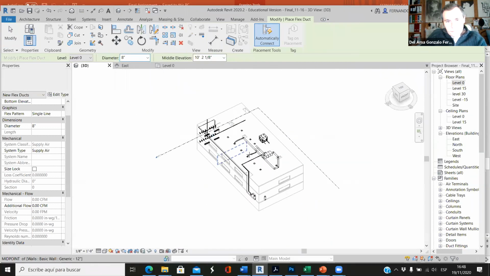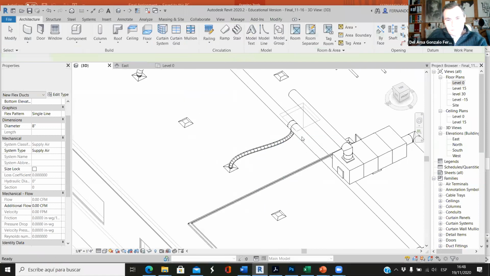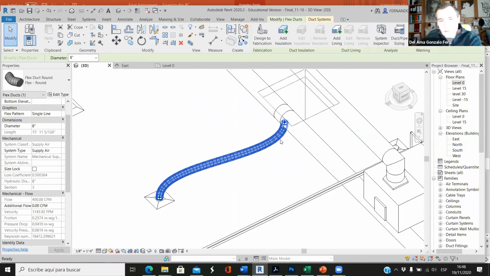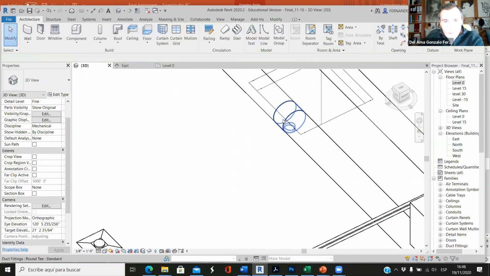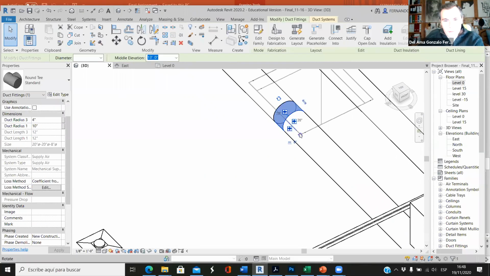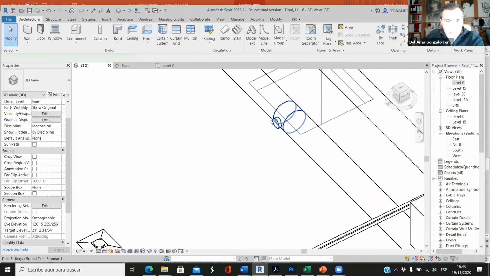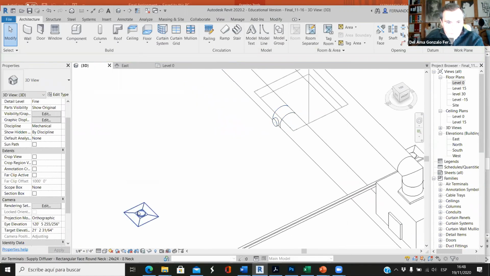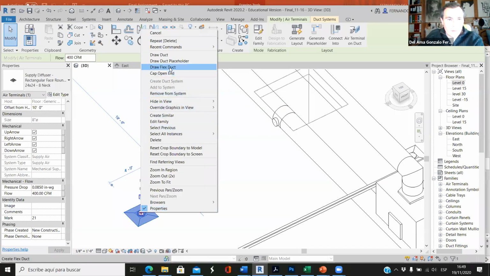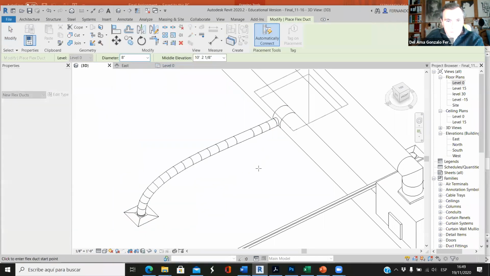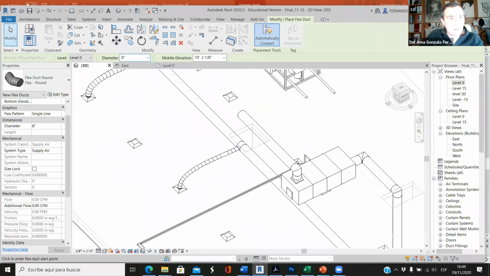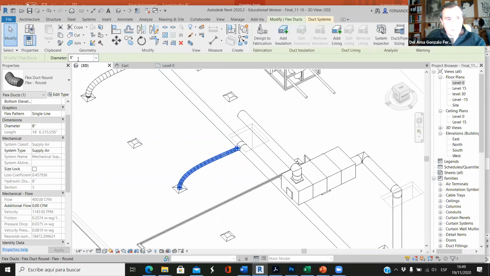It can be better. So let's delete this. And now we have to rotate this T so that we have these two elements facing each other. And now we can draw the flex duct again. And by the way, this has to be 12.